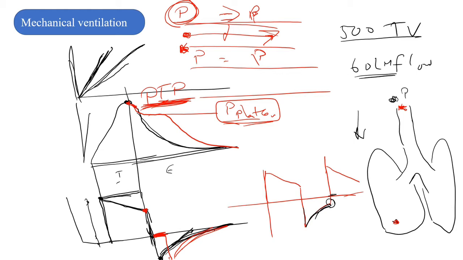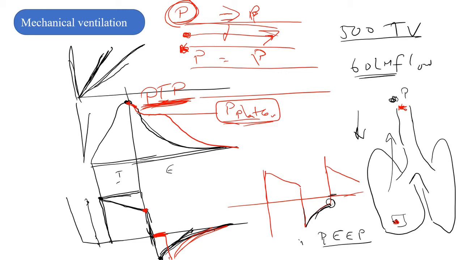There was a flow from in to out, which means that the pressure in the alveoli at the end of expiration was positive. So it's a positive end expiratory pressure, which is known as the intrinsic PEEP.